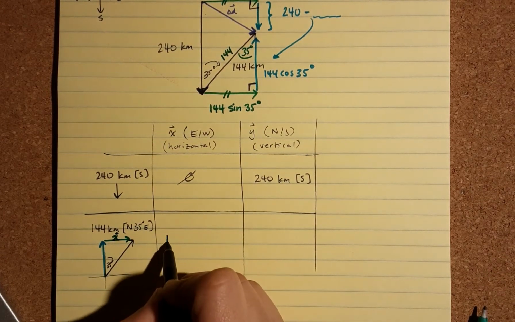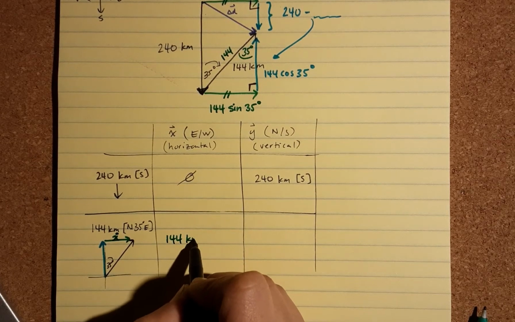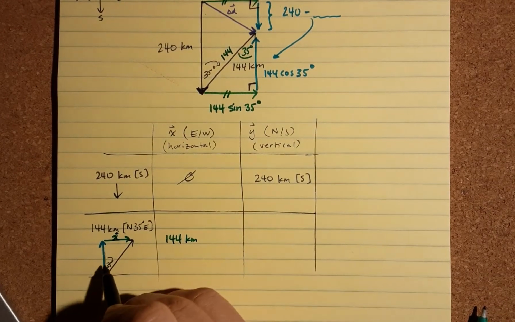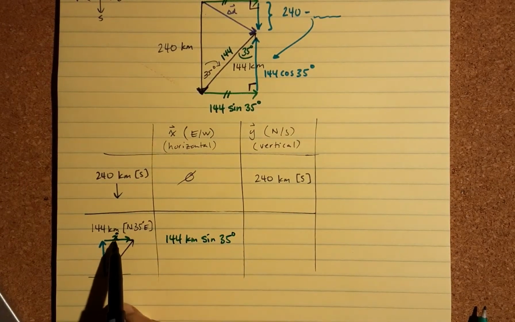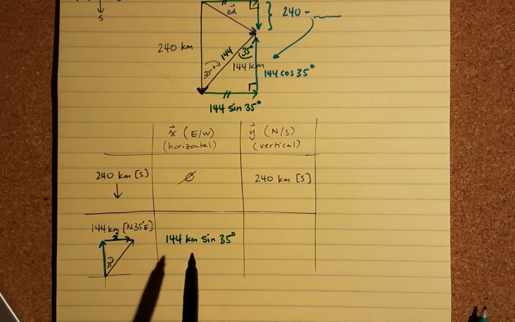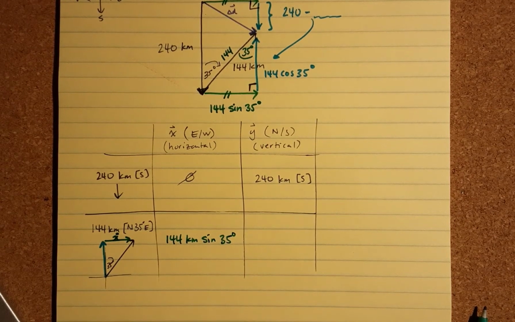All right, that is opposite. So that's going to be 144 kilometers, and it's going to be sine of 35 degrees because it is the opposite side. I'll get out my calculator after and work out those numbers. Okay.